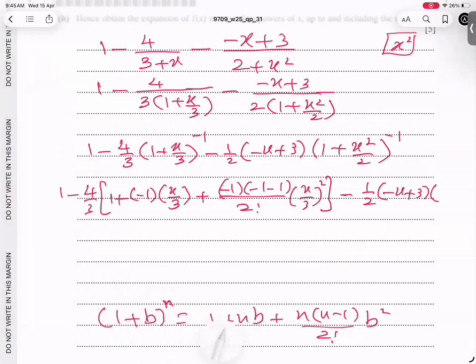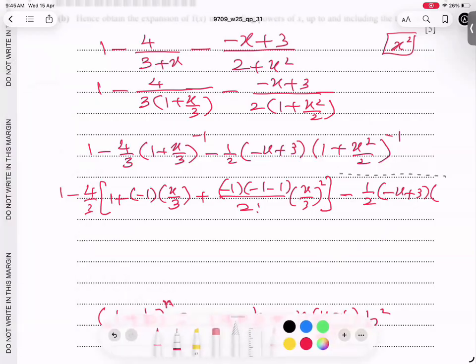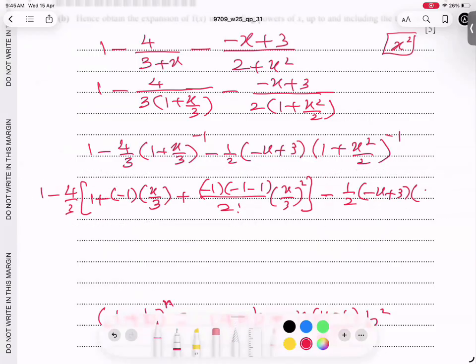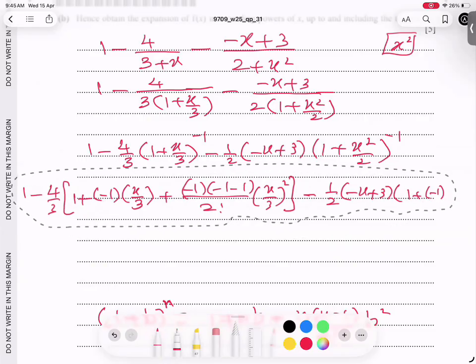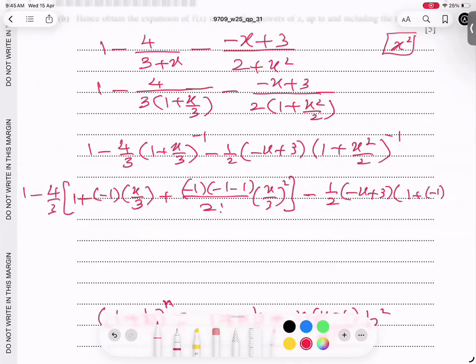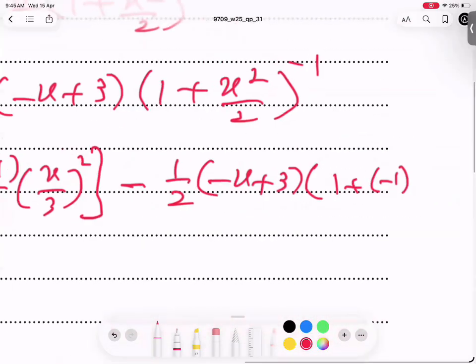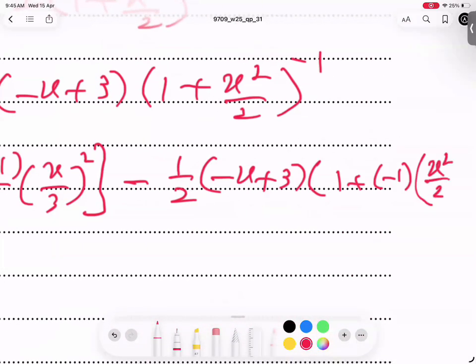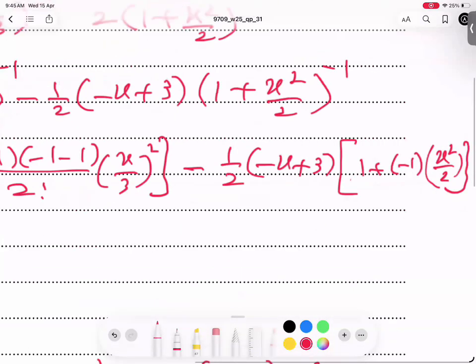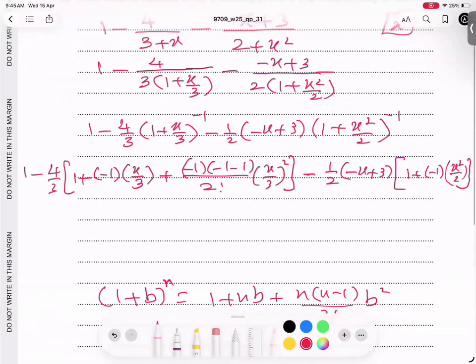When I apply 1 plus nb here, n is minus 1 and b is x square by 2. I think this part is clear. Okay, now I'm going to finalize the answer.